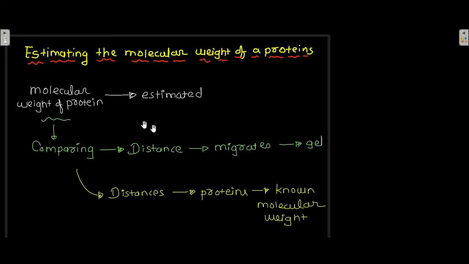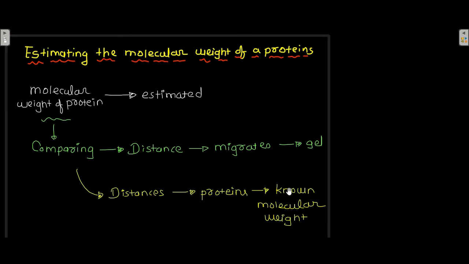Now, estimating the molecular weight of a protein. The molecular weight of a particular protein can be estimated by comparing its distance of migration in the gel with the distance of the protein of known molecular weight.